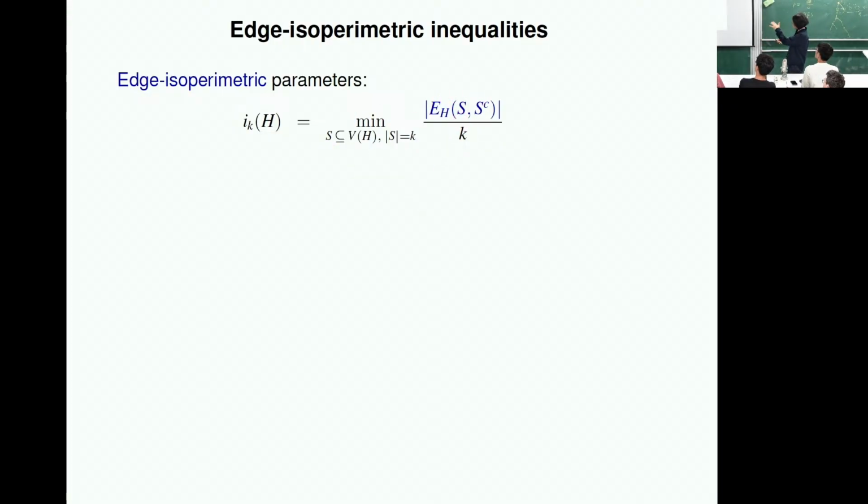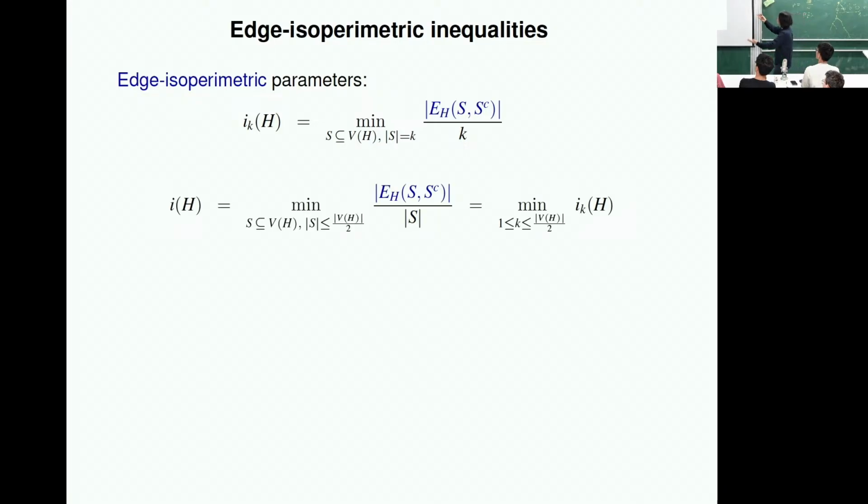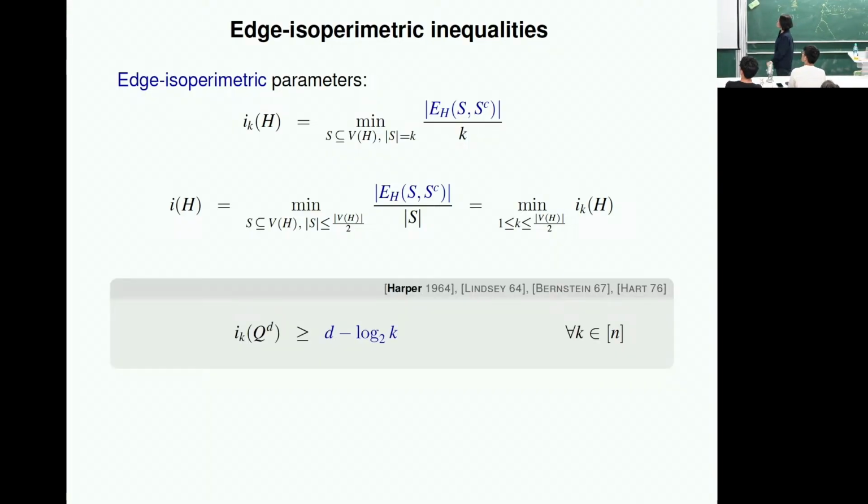Then, of course, our original parameter can be recovered by that. Anyway, you can see that this is a refined version, because the global one is just the minimum of that. It's a worst case scenario. So in terms of this refined version, there's a classic result by Harper. It's so famous. If you do any isoperimetric inequality, you always hear about Harper's inequality.